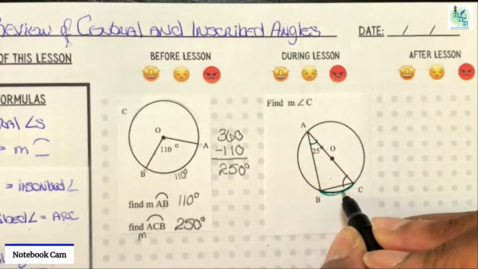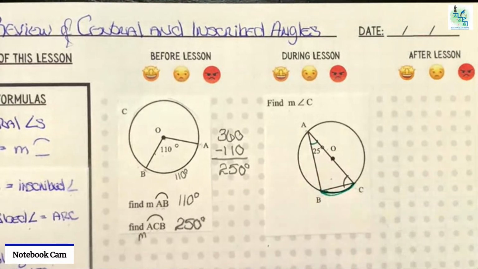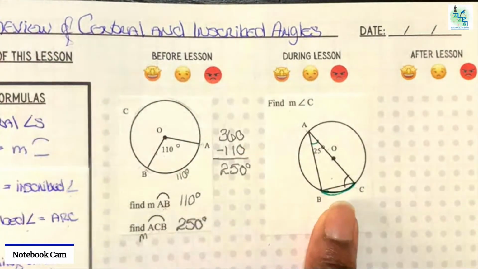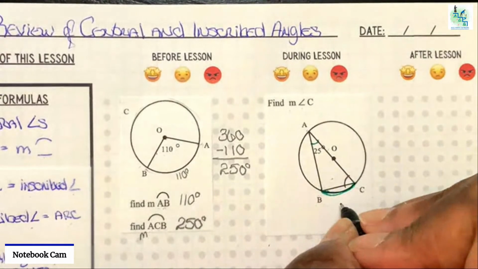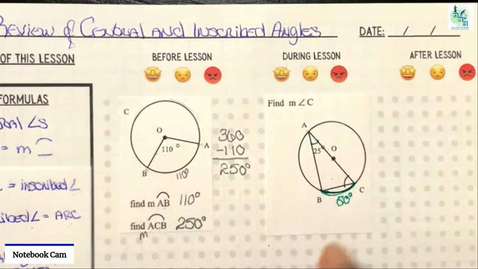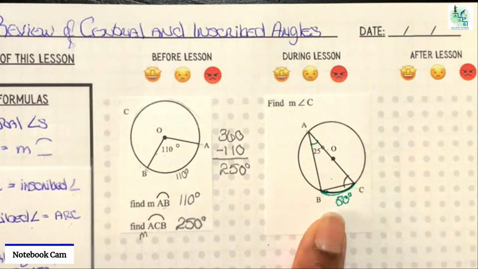But the arc BC is going to be twice the angle that they gave us. So arc BC is going to be 50 degrees because 25 times 2 gives me 50.